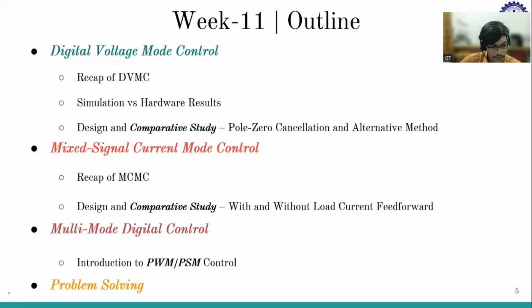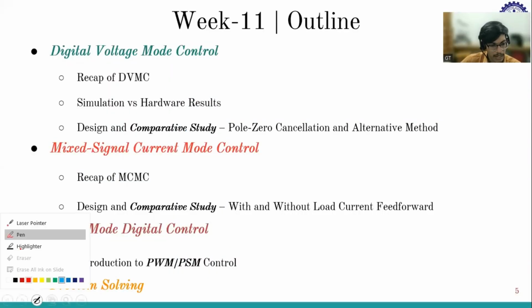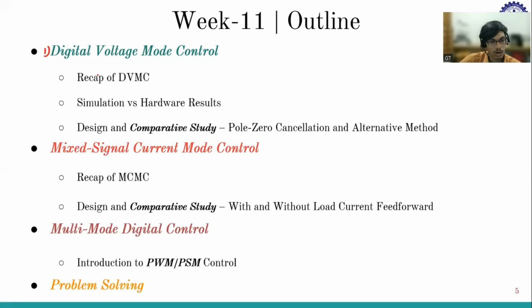The first part is the digital voltage mode control. First, I'll quickly recap the digital voltage mode control architecture, and then we'll go into the simulation as well as hardware results comparison. And then we'll quickly discuss the design, which we discussed in week 5.